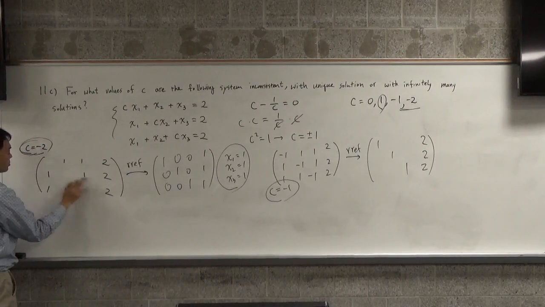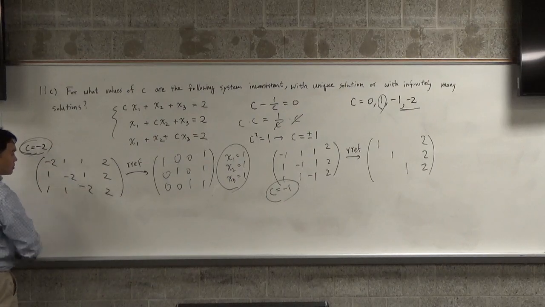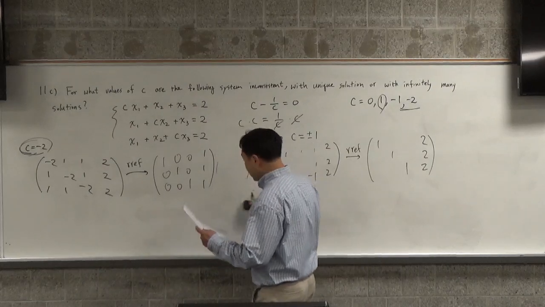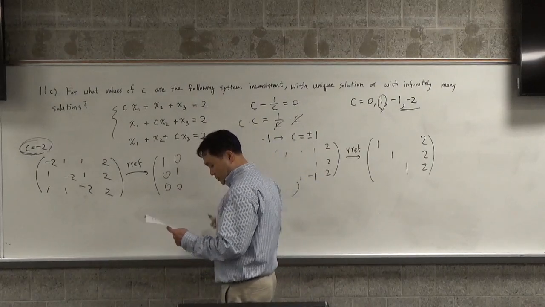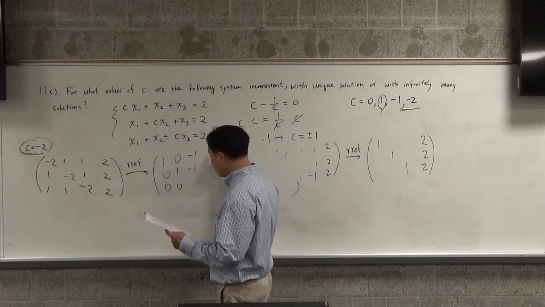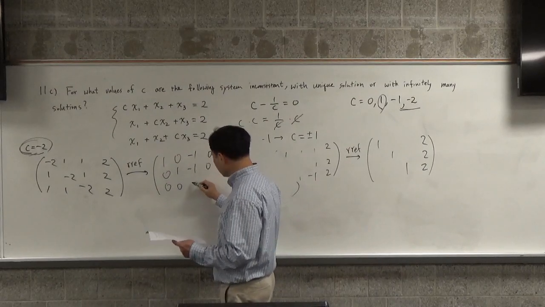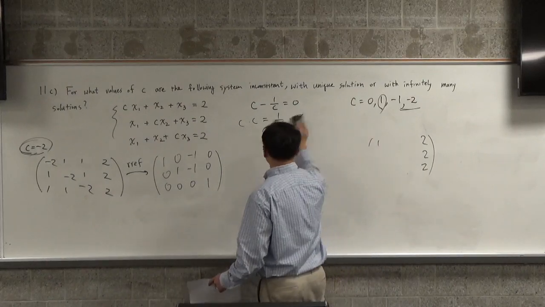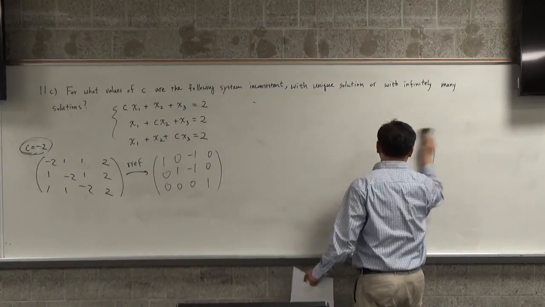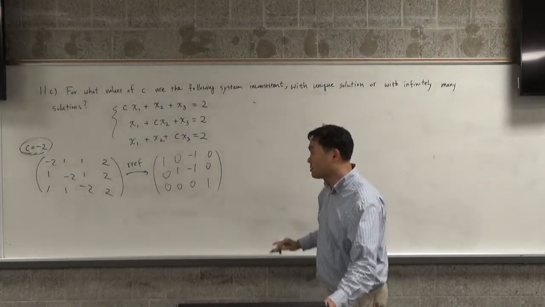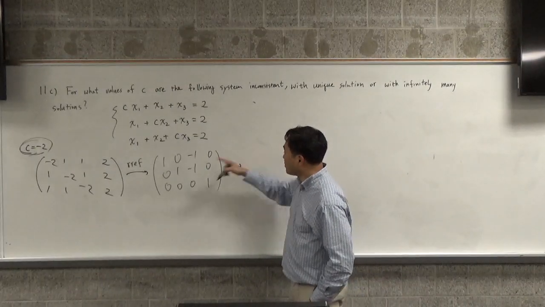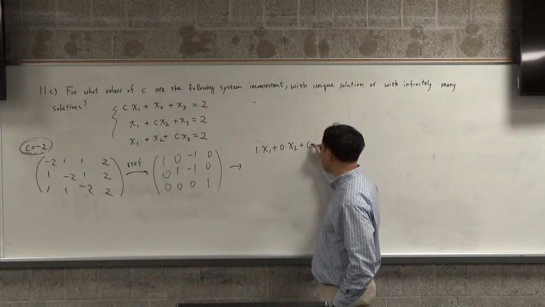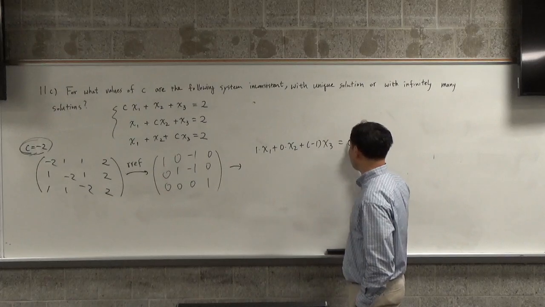If it's negative 2, I calculated the REF, and it goes like negative 1, negative 1, 0, 0, 0, 1. That's your REF. Now let's write down what this means. This means you have 1 times x1 plus 0 times x2 plus negative 1 times x3 equals 0.